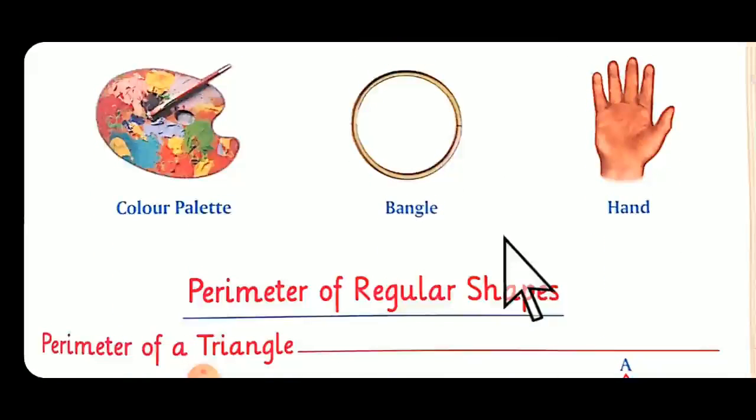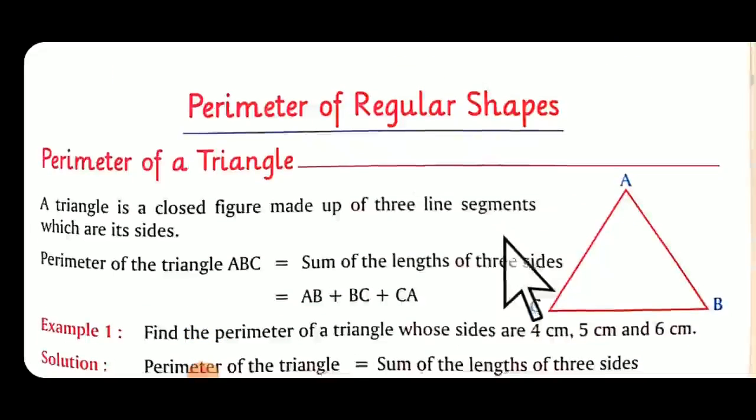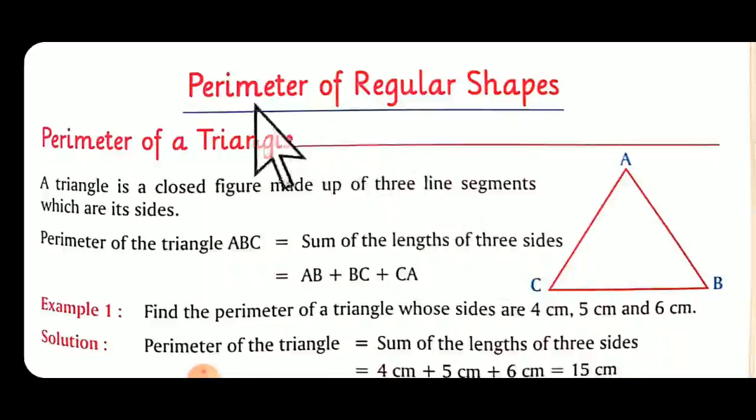Write it down. Then the next one is perimeter of regular shapes. Which shapes are we going to get in the regular shapes? Let us see. Perimeter of a triangle. A triangle is a closed figure made up of 3 line segments which are its sides. See, this is the triangle and it has 3 sides.